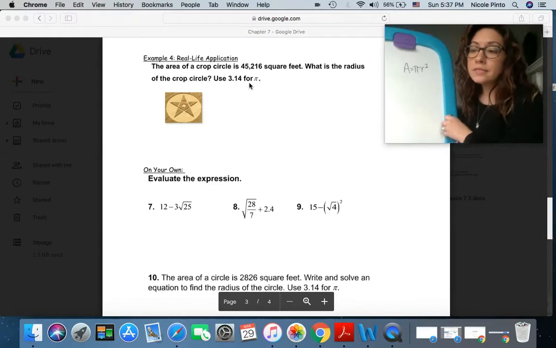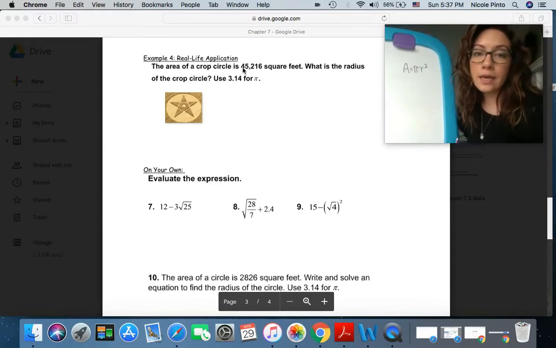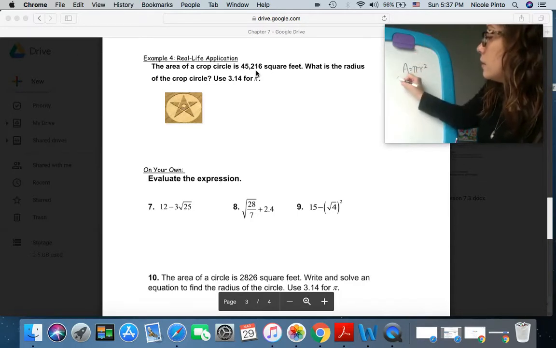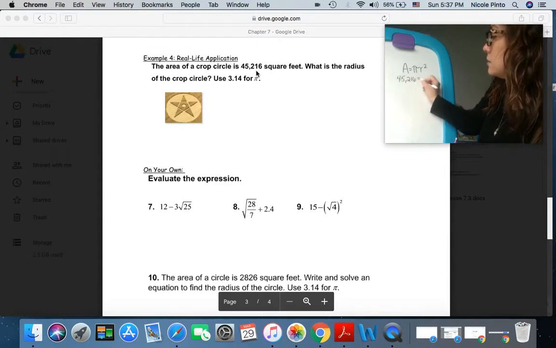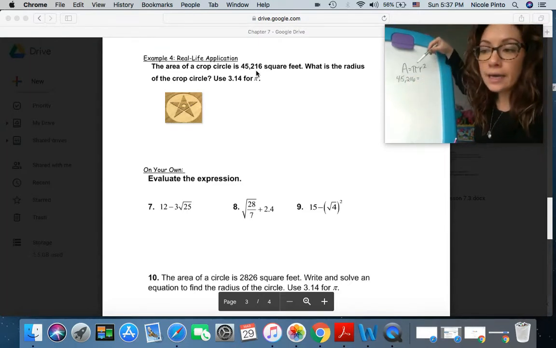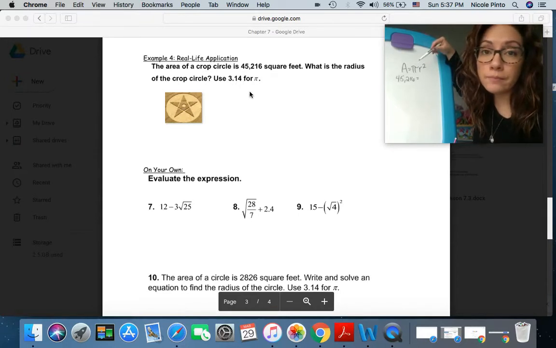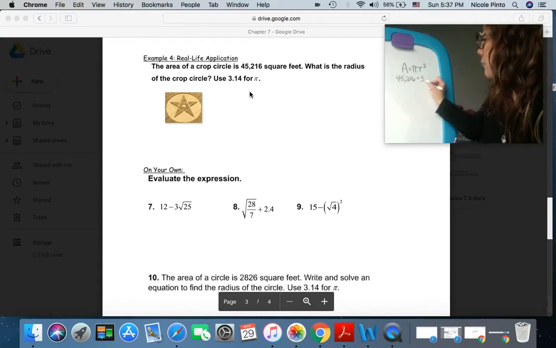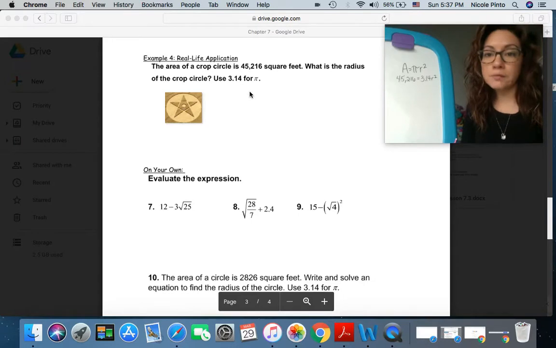Now, it tells me right here in the problem that the area is 45,216 square feet. So where I see area, that's where I'm going to put my 45,216. Now for pi they told me to use the number 3.14 because we know pi goes on forever. So I'm going to have 3.14 r squared.